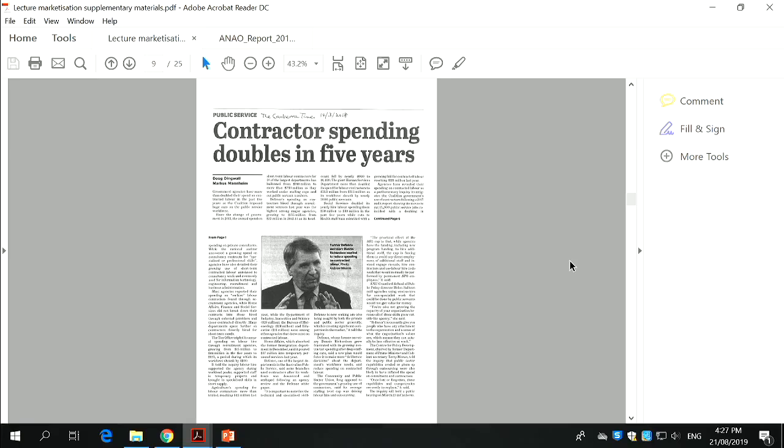Okay, 2018. Last year, there have been issues about contractor spending. There are so many outsourcing contracts, and the government's cost of contracting has doubled and skyrocketed.